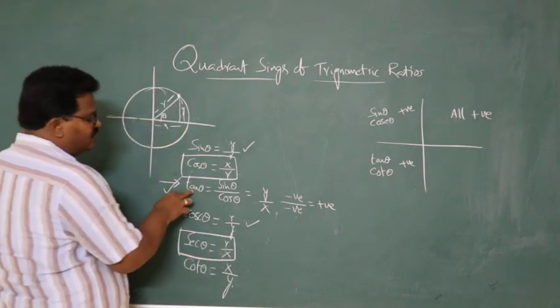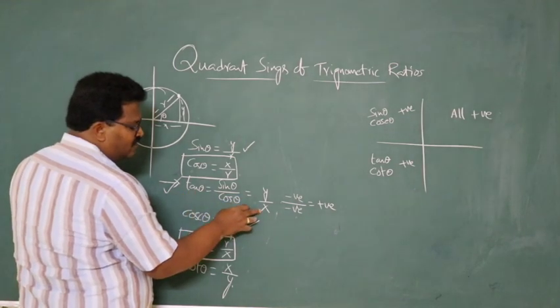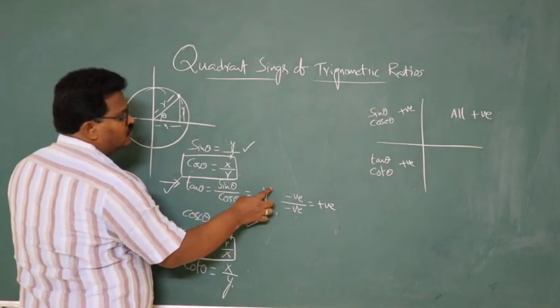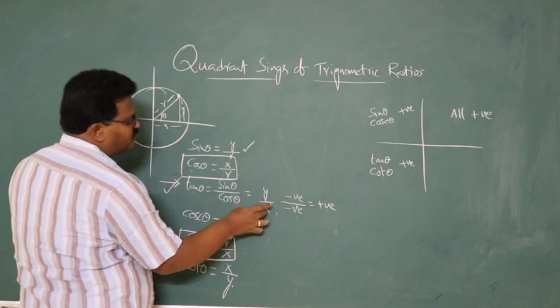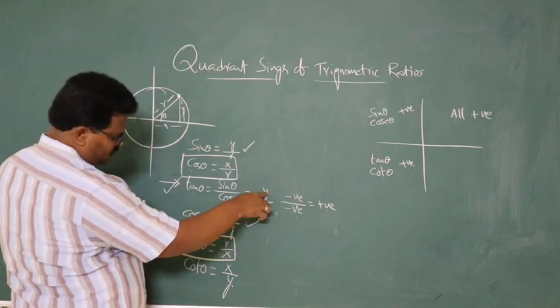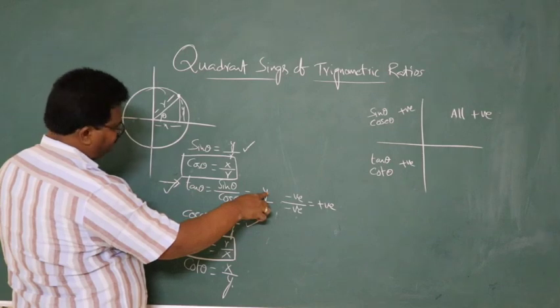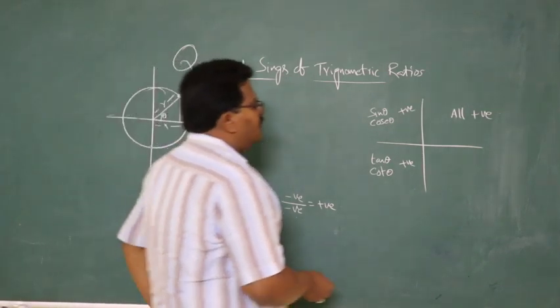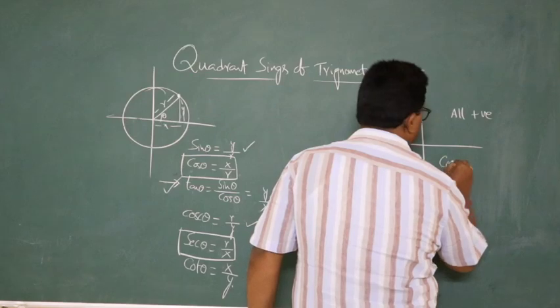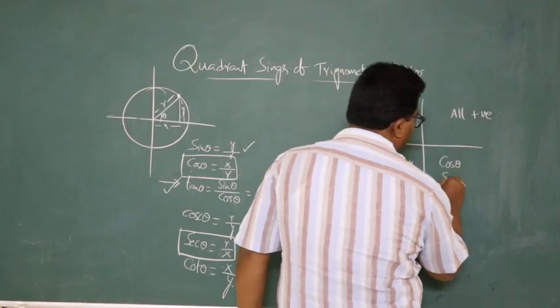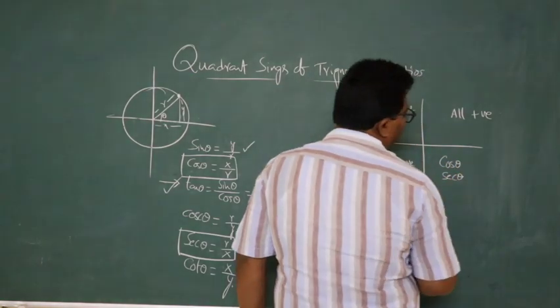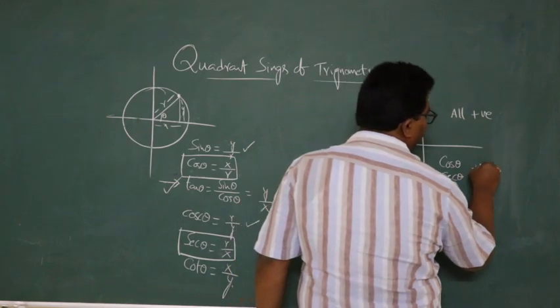If you observe this tan theta, here also x is there, but y is negative, so x is positive, y is negative. So here cos theta and the reciprocal of cos, secant theta, these two are positive.